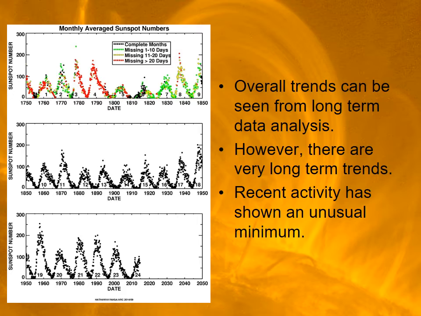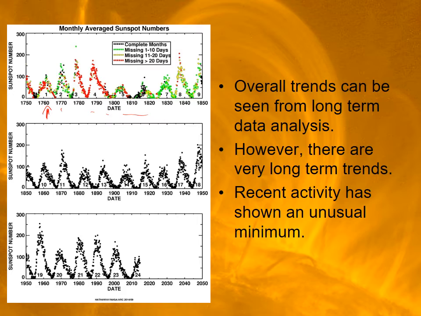Overall, sunspots have been watched since Galileo looked at the sun, but they started being seriously studied in the mid-1700s, the middle of the 18th century, and have been studied on a daily basis from that point on. We call the first sunspot maximum at that time cycle number 1, then cycle number 2, and so forth.